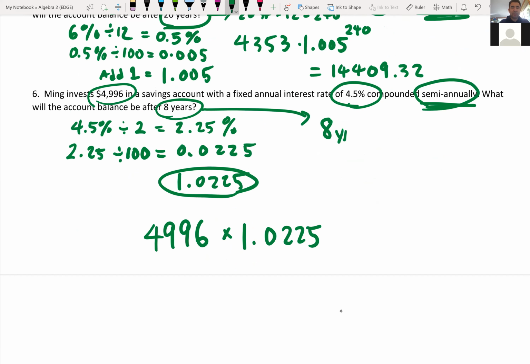8 years, but each year we are going to split into 2 semi-annual periods. So that's 8 times 2.